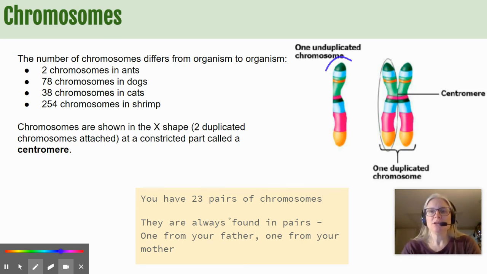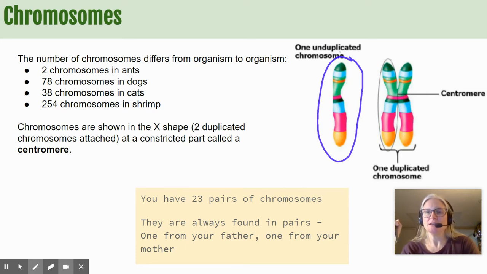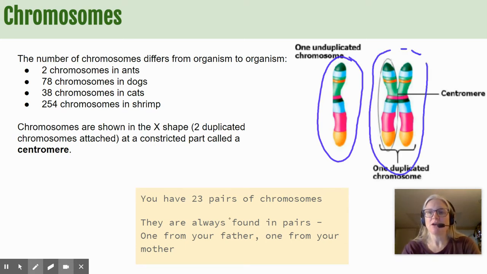One chromosome is going to look like that, but most of the time they hang out in duplicated pairs that are attached together at some point, and this attachment point is called the centromere. So they come in this very characteristic X shape. Okay, so these contain all your DNA.